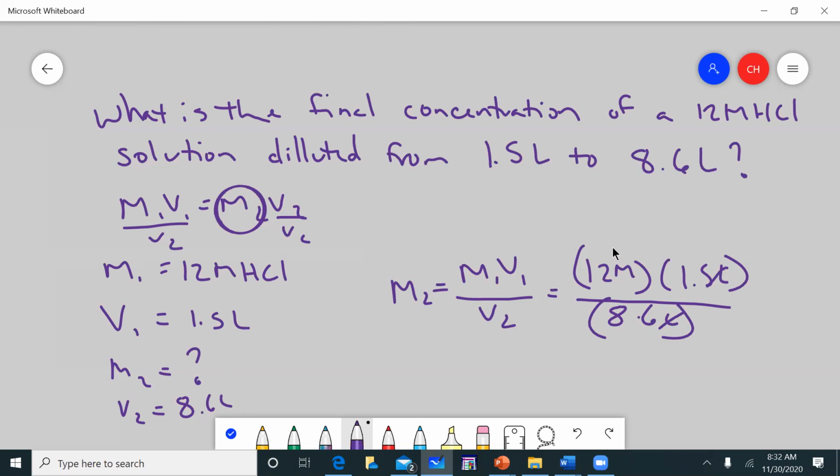So we take the 12 times the 1.5 and then we divide it by the 8.6. And we come up with our M2, our final concentration. Sig fig wise, we'll go with 2 sig figs. So it's 2.1 molar. So 2.1 molar HCl solution.